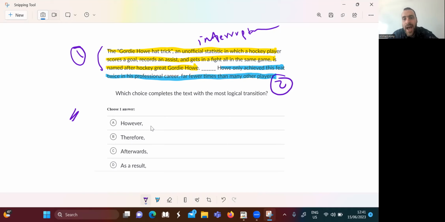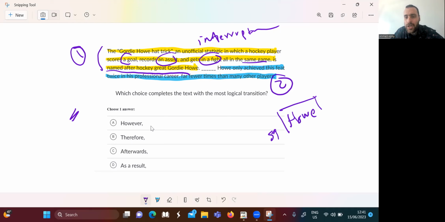An official stat in which a hockey player scores a goal, records an assist, and gets a fight, all in the same game, is named after a hockey great. That's a person. So it's the Gordie Howe hat trick named after Gordie. That's the first idea.